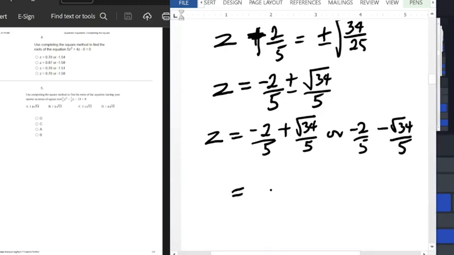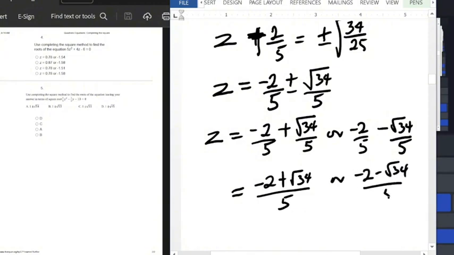Find the LCM, which is 5. That's minus 2 plus root 34 divided by 5, or minus 2 minus root 34 all over 5.